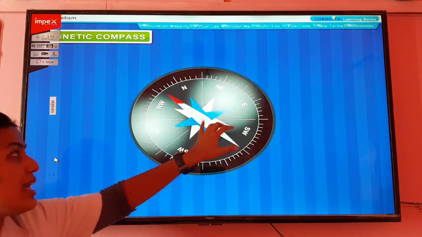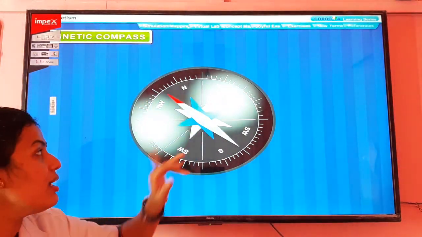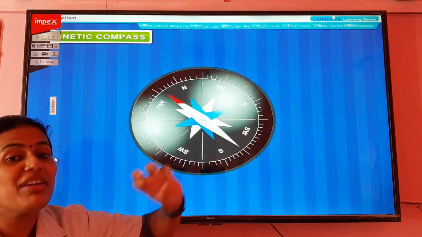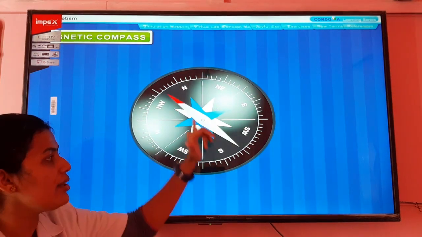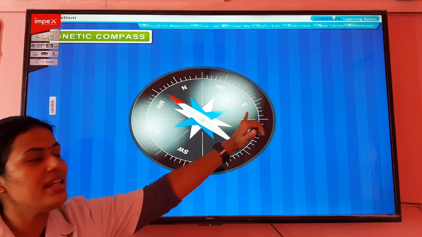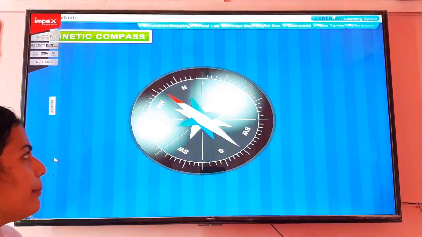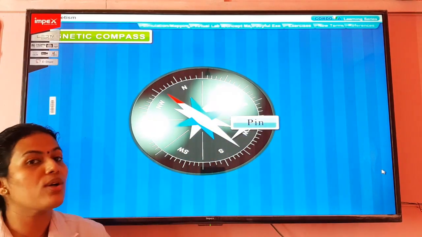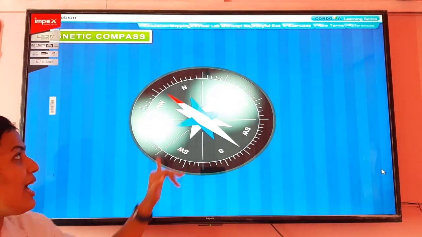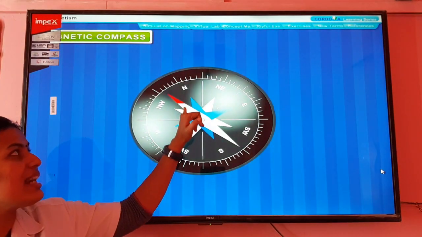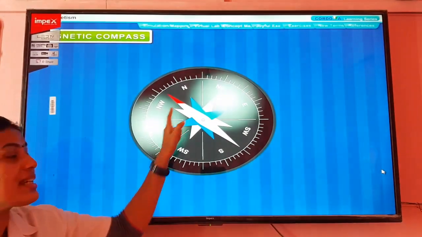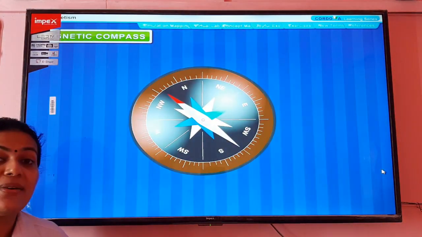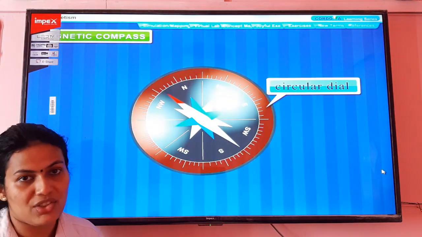Here you can see the directions marked: north, south, west and east. Here you can see a needle, which is also called a pin, and this pin has a red marking. This red marking always faces the north direction.